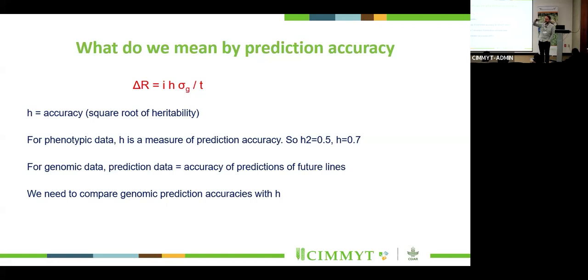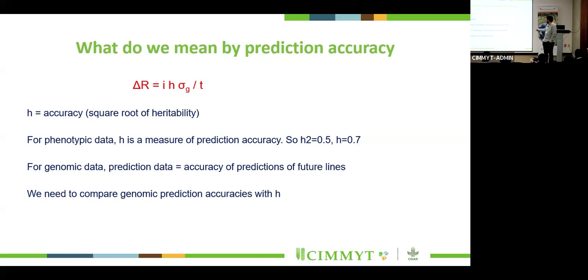What you're comparing is how well you would do with genomic prediction versus with phenotypic evaluation. If your heritability is 0.5 and you're going to grow another yield trial, you're not going to be able to predict the phenotype in that other yield trial that accurately.